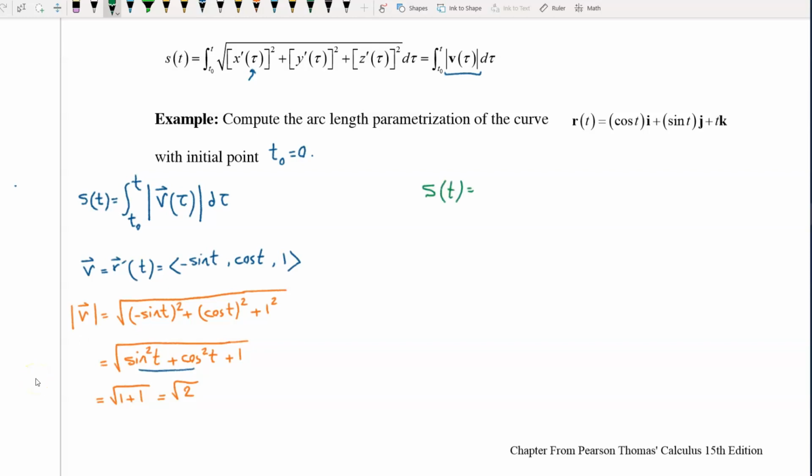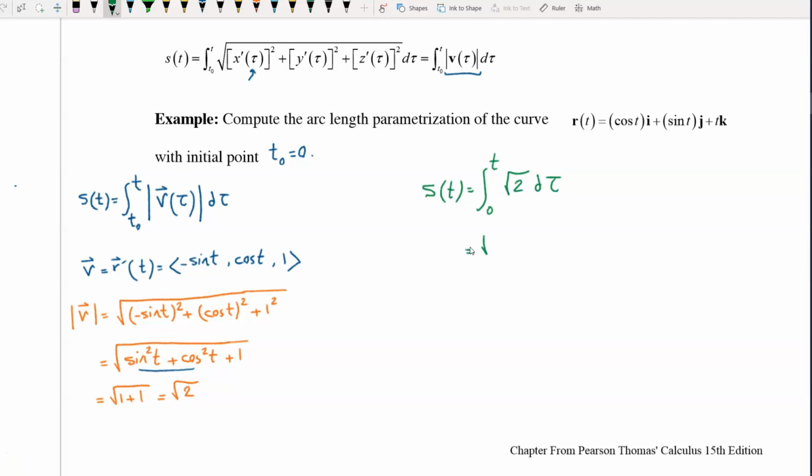Now we are going to write our parameterization s of t as the integral from t0 to t, and t0 is 0, so from 0 to t of the length of the velocity vector v with respect to tau. Since there is no variable, we have square root of 2 d tau. We are integrating a constant with respect to tau.